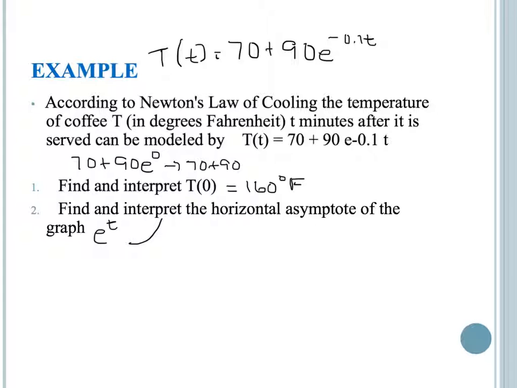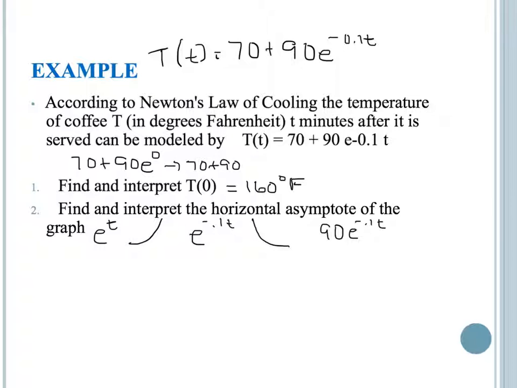Then it goes with the negative, which is going to turn it from a growth graph into a decay graph, which would make it do something like that. Maybe not quite as narrow or wide, but it makes it go down. Then I have the 90e to the negative 0.1t, so that multiplication by 90 is a vertical stretch.